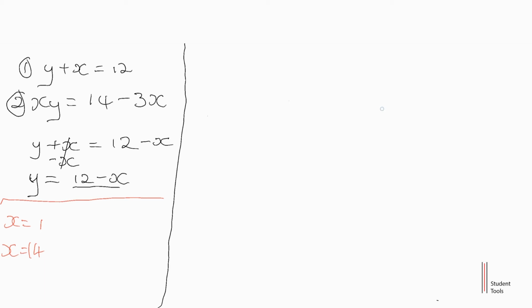Alright, the next thing we'll do is pick one of these equations and use it to get the y values. Let us use equation 1 because it's much more simpler. So equation 1 is y plus x equal to 12. To get the y value when x is equal to 1, we will substitute 1 for the value of x.